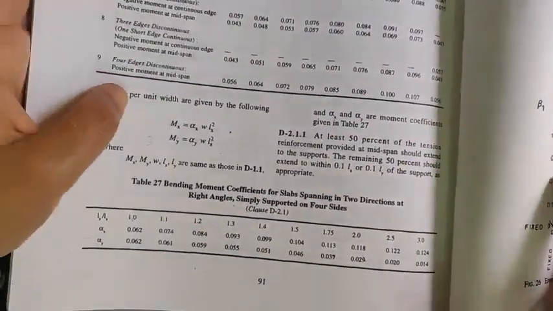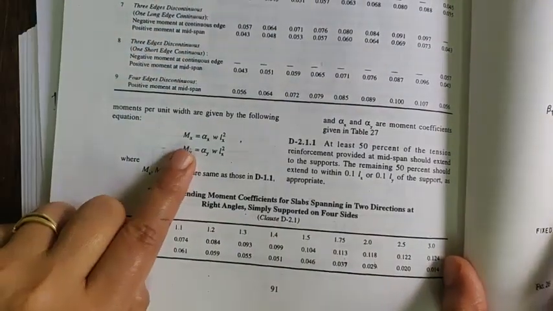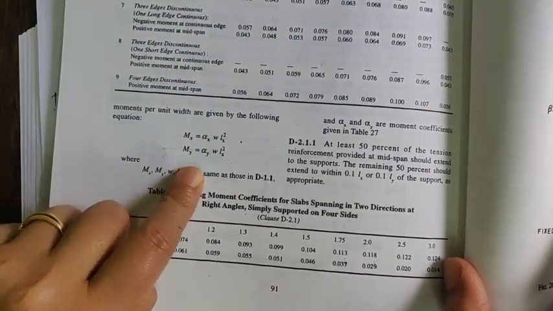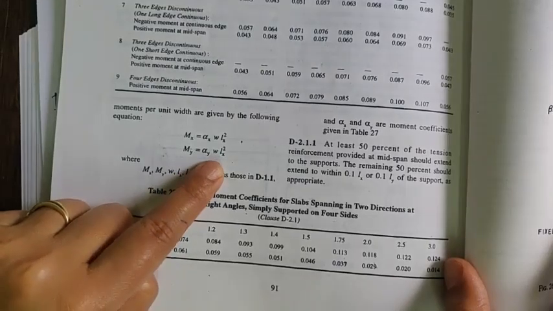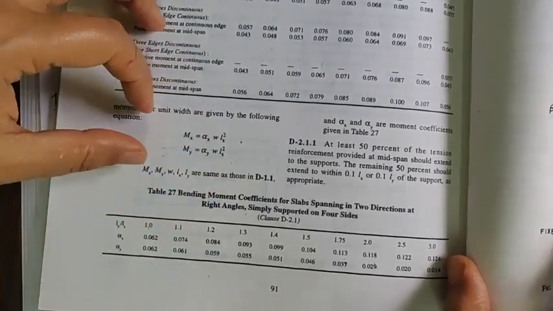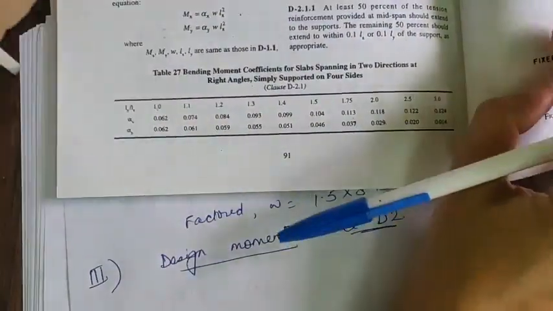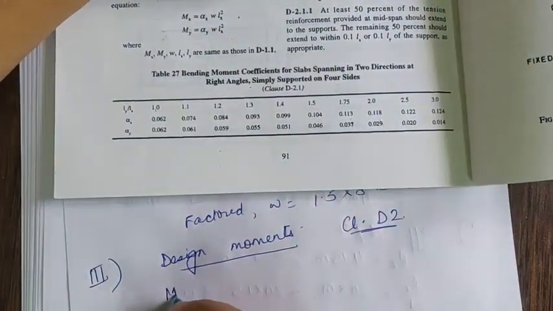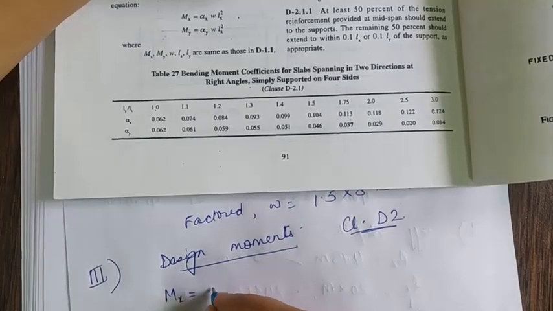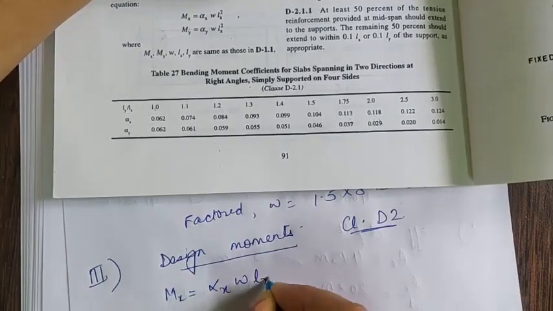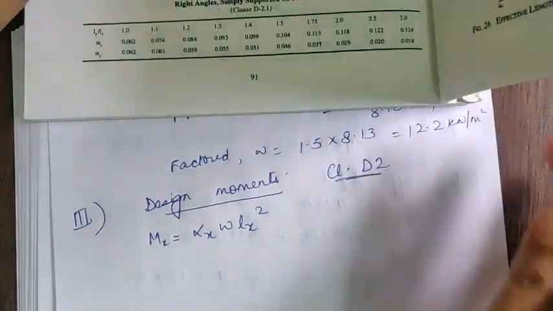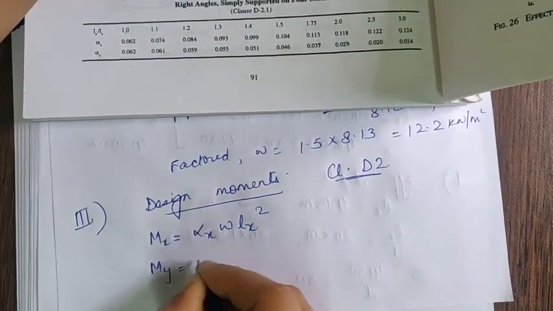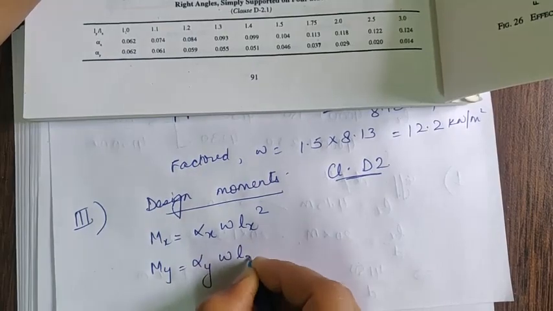Clause D2 says that moment in x direction is to be taken by using this formula. The moment in x direction is alpha x w lx square. Moment in y direction is alpha y w lx square.